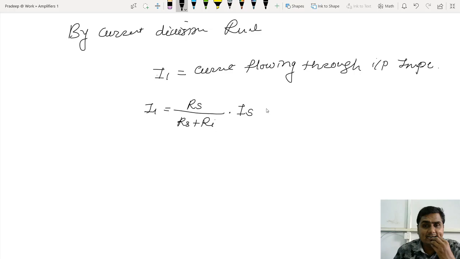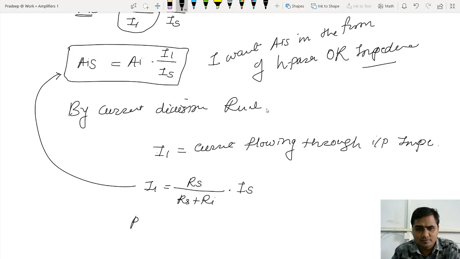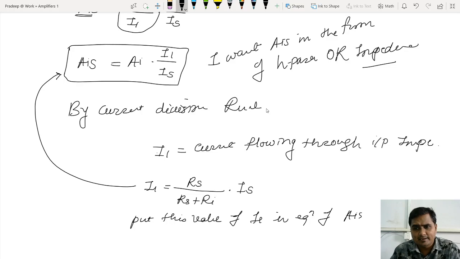Now this value of I1 is there with us. What if I put this value of I1 in the equation of AIS?